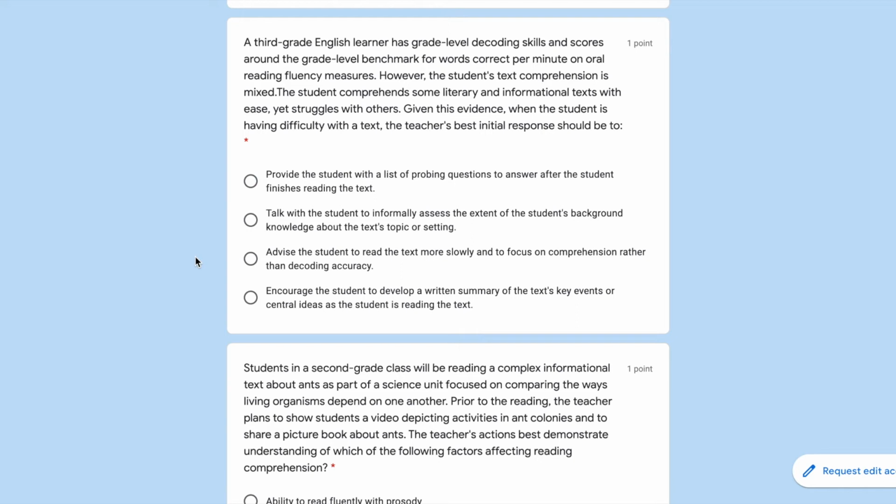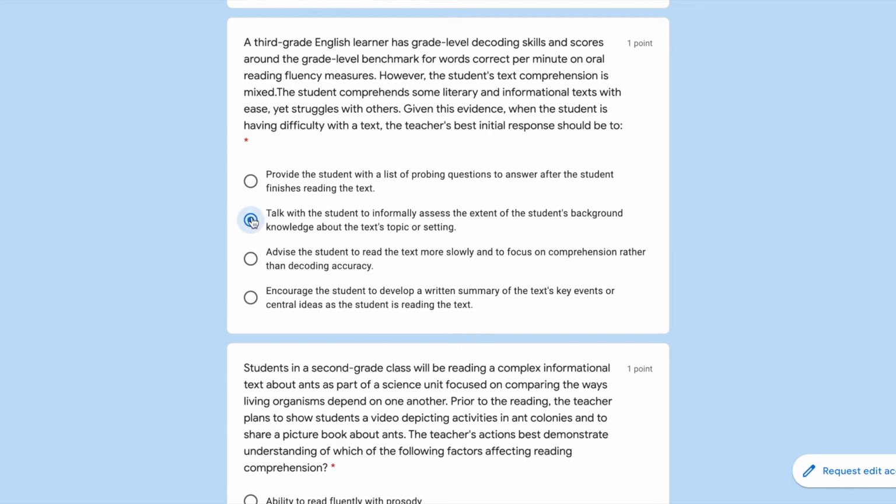B. Talk with the student to formally assess the extent of the student's background knowledge about the text's topic or setting. C. Advise the student to read the text more slowly and to focus on comprehension rather than decoding accuracy. Or D. Engage the student to develop a written summary of the text's key events or central ideas following the student's reading of the text. Go ahead, take a moment, select your best answer.